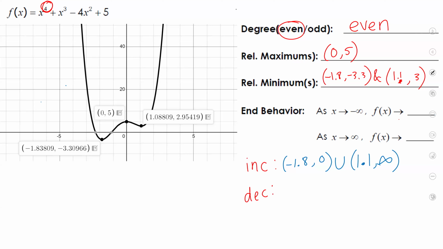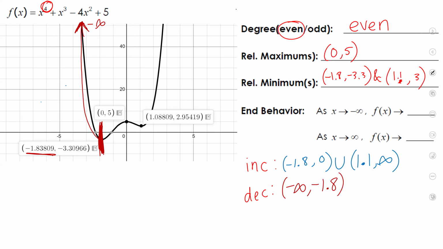All right, decreasing. So it's decreasing from here, and then it's coming down to here. This is where it's decreasing. So on the left, you have an arrow. It goes off of the page. That's negative infinity. And here, the x value is right here, negative 1.83. That's your x value. So I'm going to write that down. Negative infinity to negative 1.8.